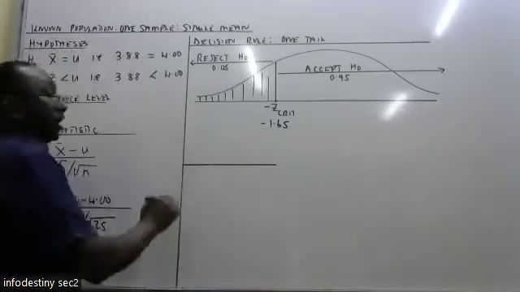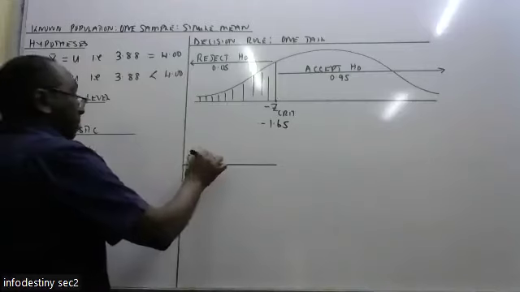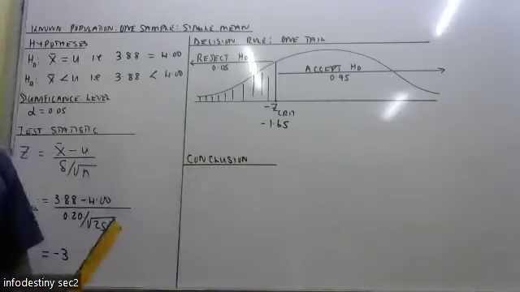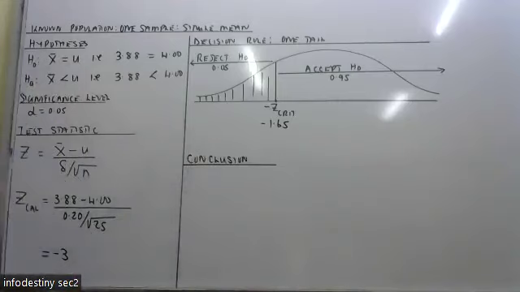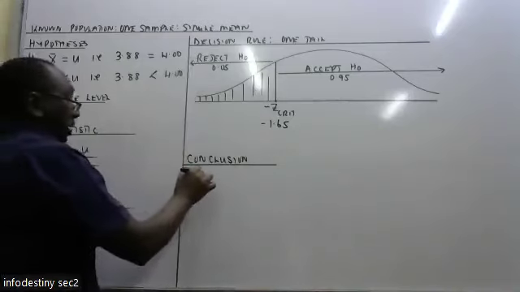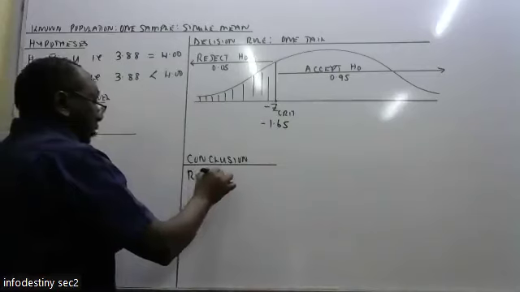So let's make the conclusion, as usual. Negative 3, which side do you go? On the lower side. So on the lower side, we are taught to do what? To reject. And don't cram that every time is to reject.